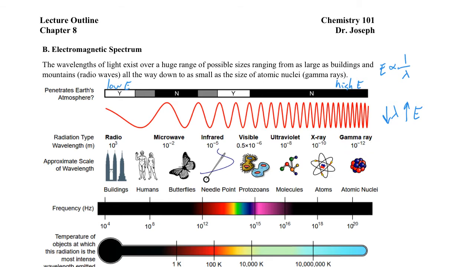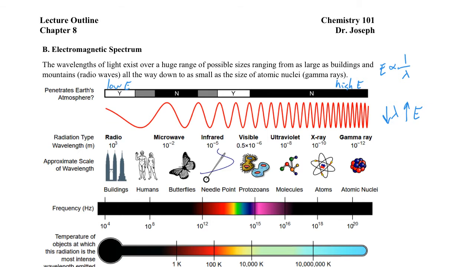These are waves that have extraordinarily small wavelengths, the size of atomic nuclei and subatomic particles. So 10 to the negative 12 meter. These are extremely high energy and very, very dangerous to be exposed to. So high energy, low energy, short wavelength, long wavelength. That's kind of the main idea here.